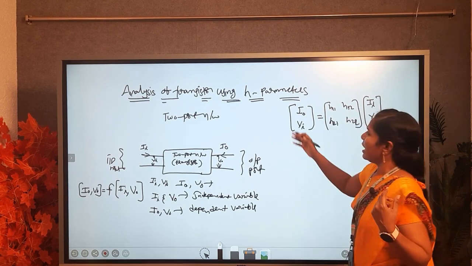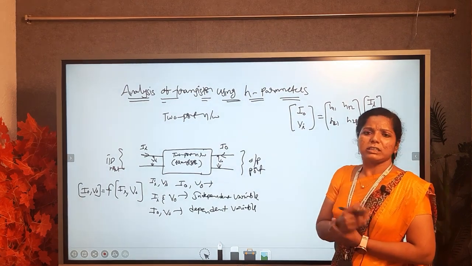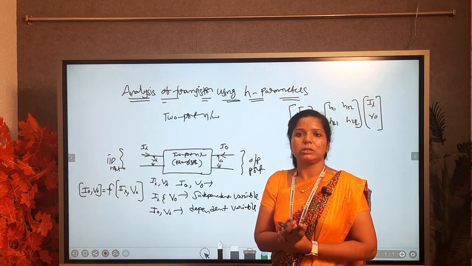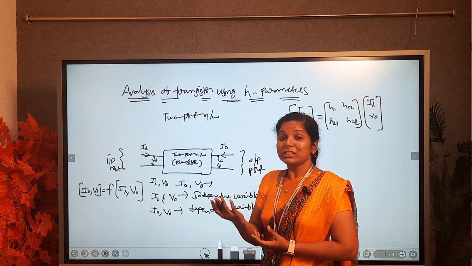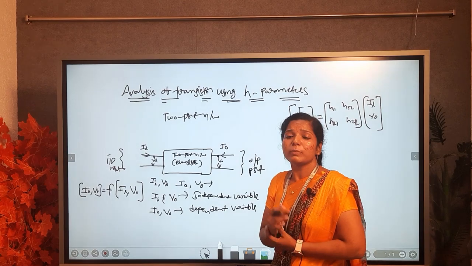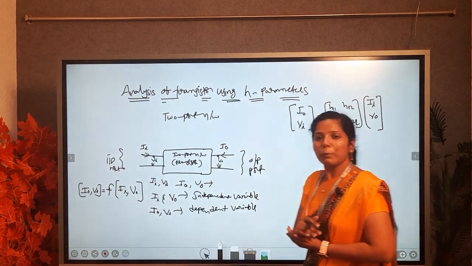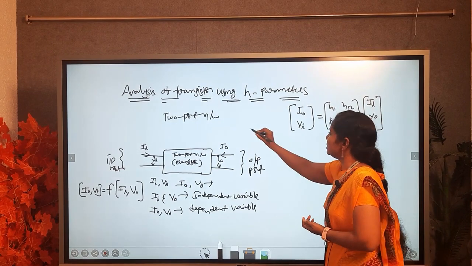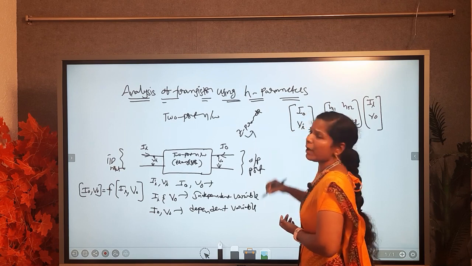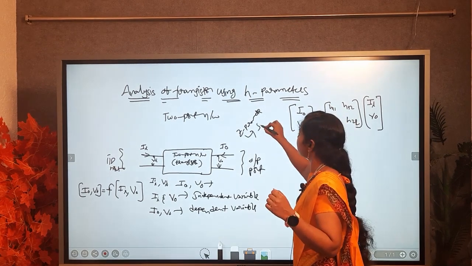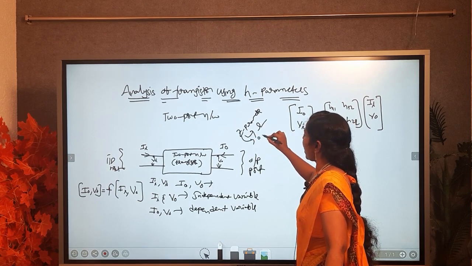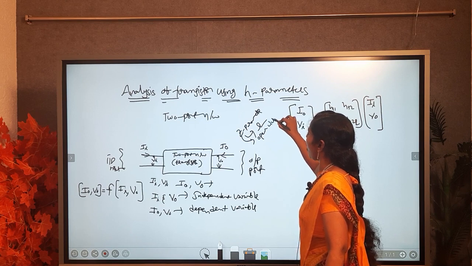Why are we using the H parameters? We have so many parameters: Z parameters, Y parameters, ABCD parameters, H parameters. For example, in Z parameters every parameter is represented in ohms, so you have to perform the open circuit operation.